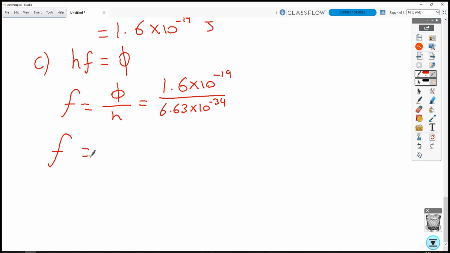So our threshold frequency is equal to what? 2.4 times 10 to the power of 14 hertz. And that's the end of 2.2.1, lesson 1.